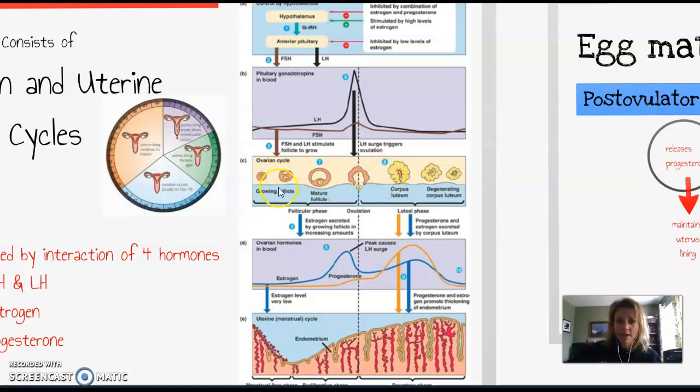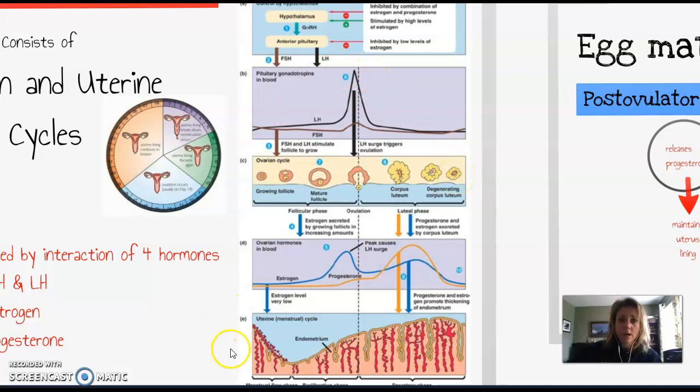The part that we're going to start out with is the low amounts of FSH being released, because at the very beginning of our menstrual cycle, we have low amounts of GnRH because we have low amounts of estrogen. We have low amounts of progesterone because our corpus luteum is now degenerating and releasing less progesterone.